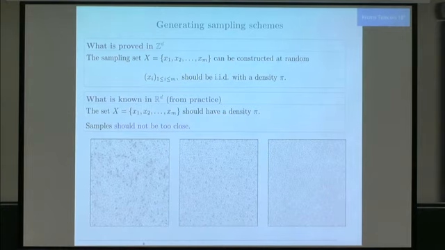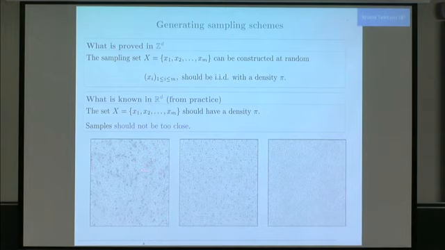Now, if you go to 2D, the theory is really less developed, I think, and there are still many things to do in that realm. But from a practical experiment, what you can see is that the set X here can also be drawn at random according to some density pi, but also the samples should not be too close, and that's not something that appears in the standard theory.